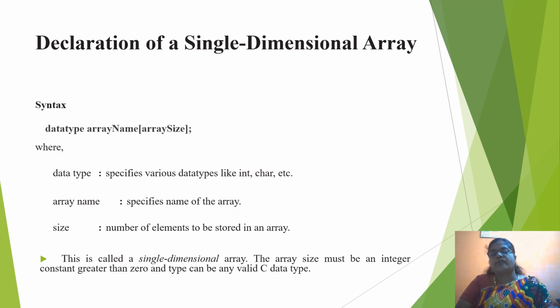Syntax of this is data type array name of array size, where data type specifies the various data types like integer, character, etc. Array name specifies the name of the array. Size is the number of elements to be stored in an array. This is called a single dimensional array. The array size must be an integer constant greater than 0 and the type can be any valid C data type.